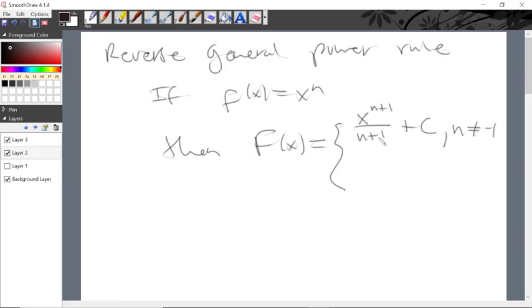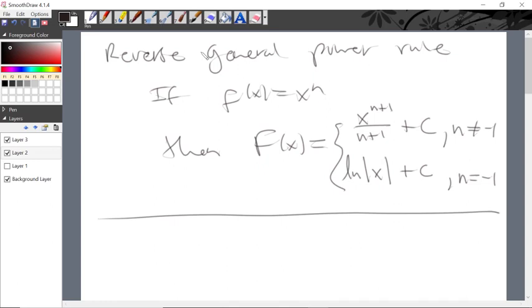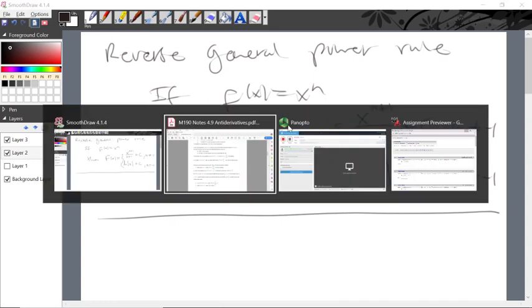Any real number other than negative 1, because then it would be undefined. Okay. But if n is specifically equal to negative 1, that is, we're dealing with the function 1 over x, its antiderivative would be the natural log of the absolute value of x plus c. Okay. That is the reverse of the general power rule.